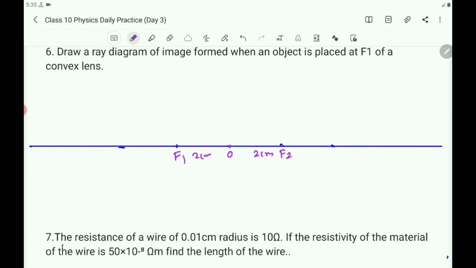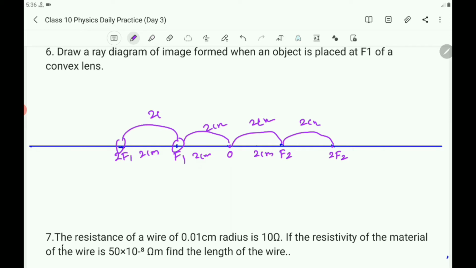Again you take from F1 to 2F1, and this is also 2F2. From here to here you must take again 2 centimeter. Here O to F1 is 2 centimeter, O to F2 is also 2 centimeter, F2 to 2F2 is also 2 centimeter, F1 to 2F1 is also 2 centimeter.